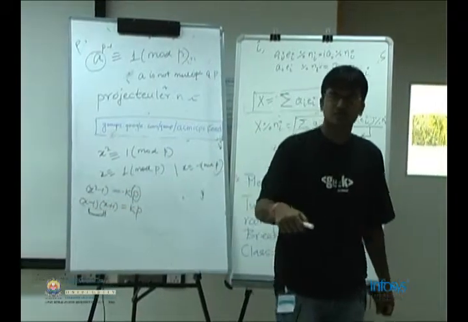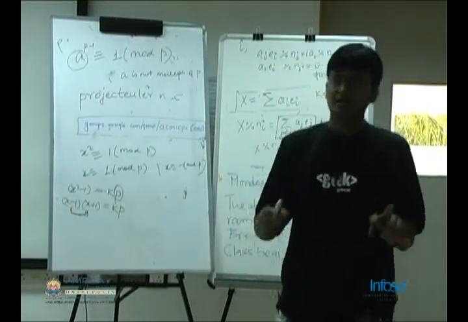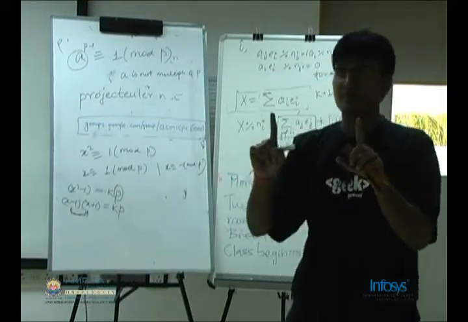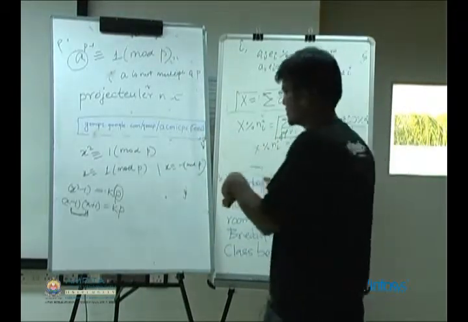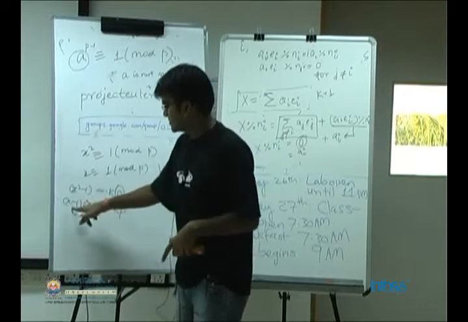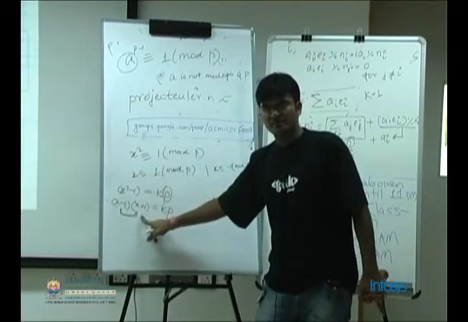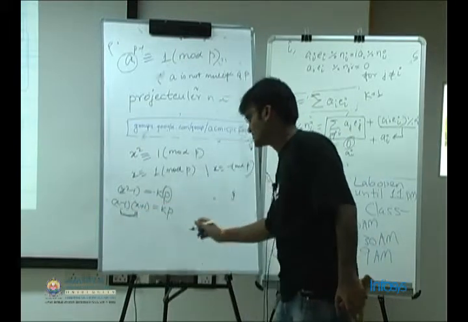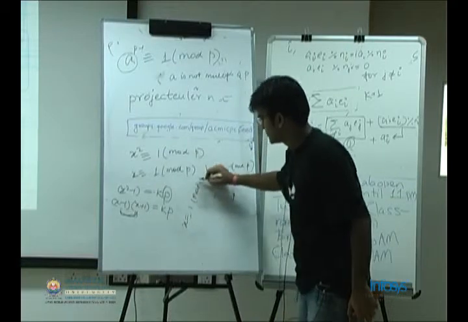It cannot divide both. If p is not equal to 2, then the difference between any two multiples of p would be at least p, right? And p is not 2. So it will either divide x minus 1 or it will divide x plus 1. If it divides x minus 1, then x is equal to 1 mod p.